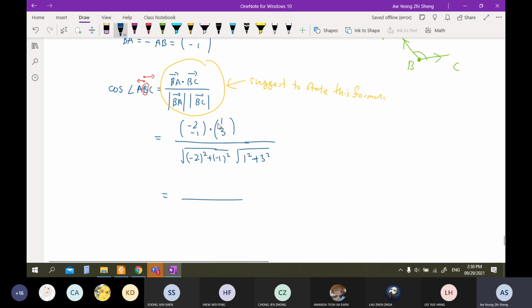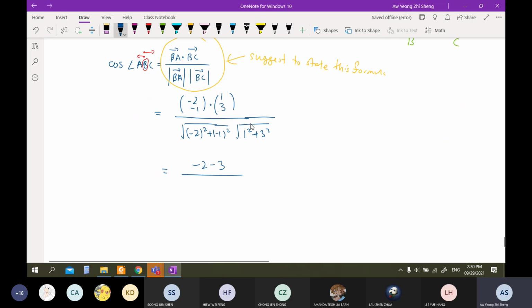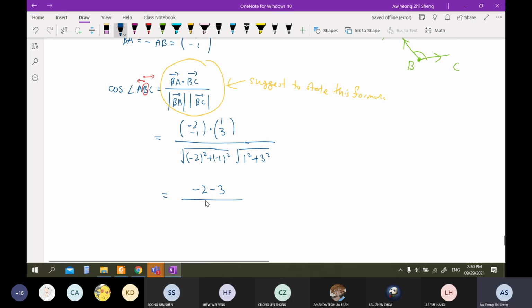And then when you compute the dot product, remember, don't give me a single number too quickly. Show that you are summing up two numbers. So it's -2 - 3 up there. And then at the bottom you have square root 5 and square root 10, and you have -5 over square root of 50.